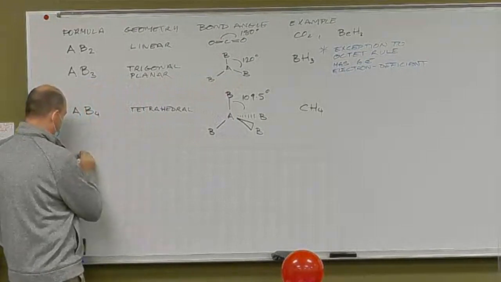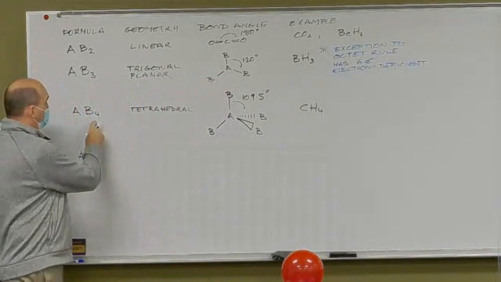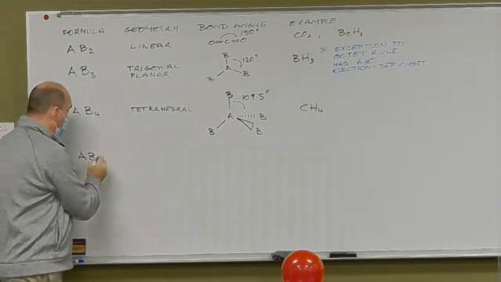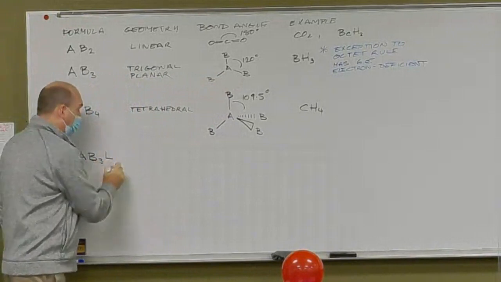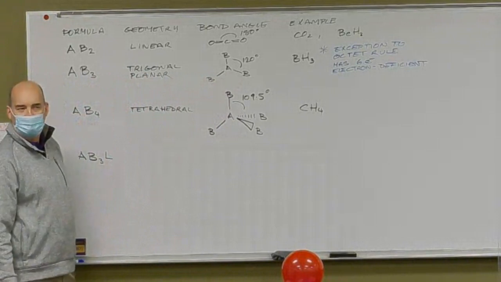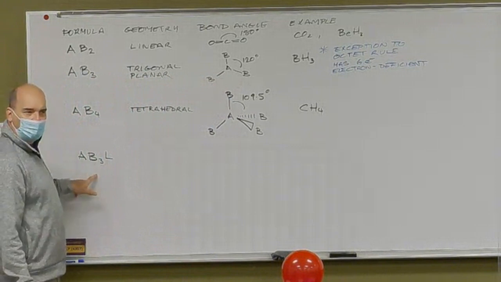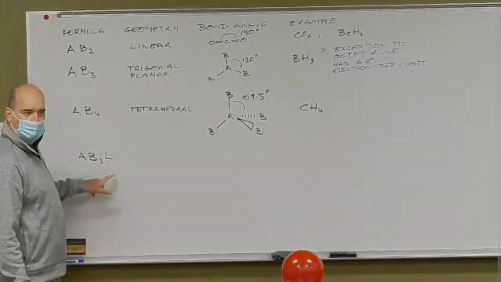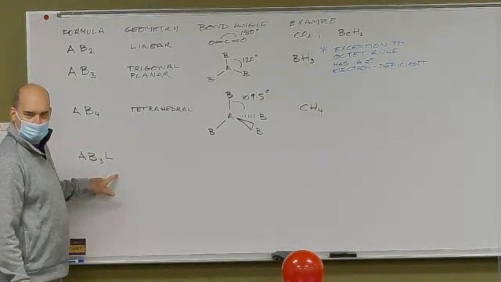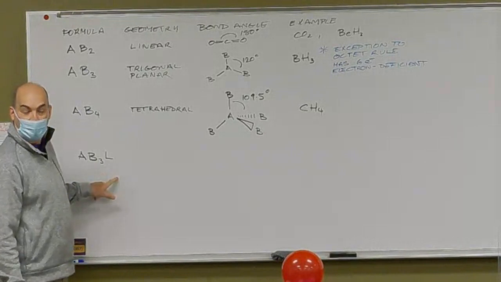Okay, here's what we're going to do. We're going to take one of those bonds away and replace it with a lone pair of electrons. So this is still 4 centers of electron density. 3 of them are to bonds and 1 of them is to a lone pair.